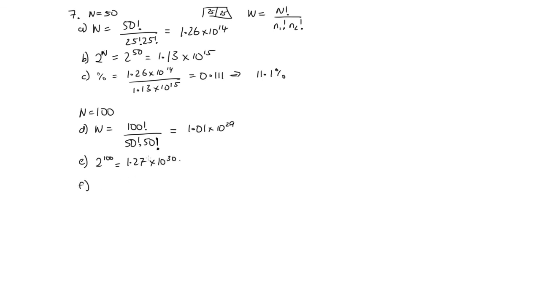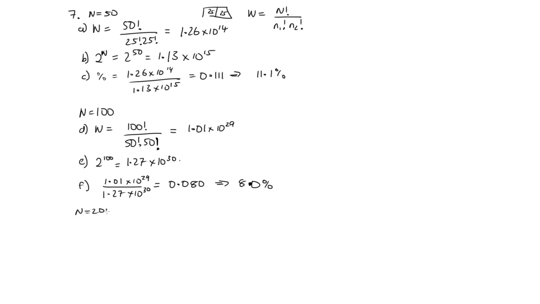And then the probability of the fraction of the time it spends in this central state is going to be given by 1.01 times 10 to the 29. That's the number of microstates in that central state divided by the total number of states. Solving that, we end up with 0.0880, which is 8%. So it spends 8% of its time in this central state.